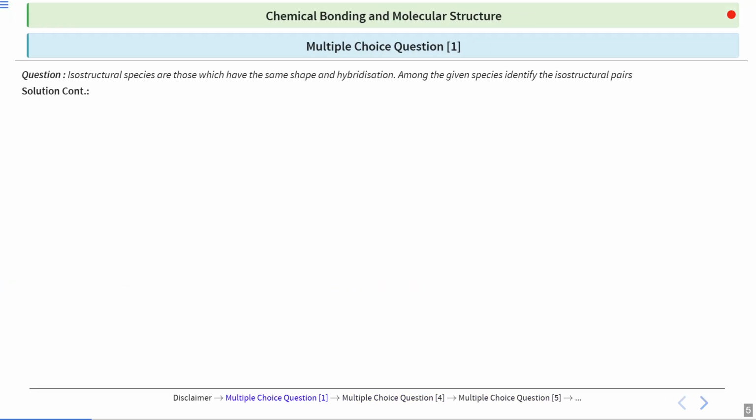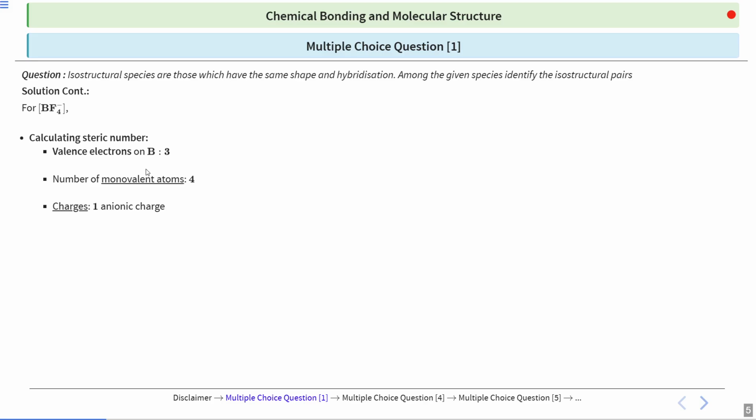First, we will start with BF4 minus. If you calculate the steric number, the valence electrons on boron will be 3. Then the number of monovalent atoms is 4, because fluorine is a monovalent atom and 4 is the count given in BF4 minus. Now moving on to the charge: there is one anionic charge, since a negative sign is given here.